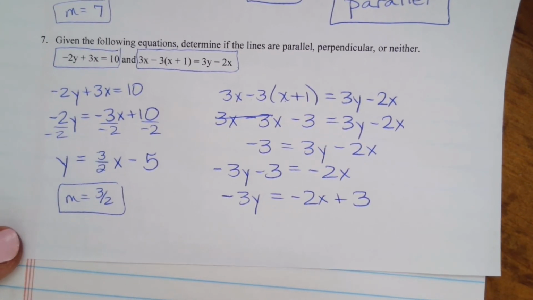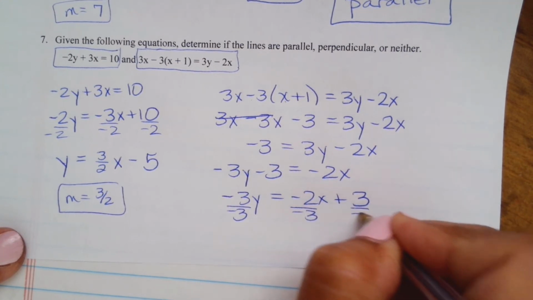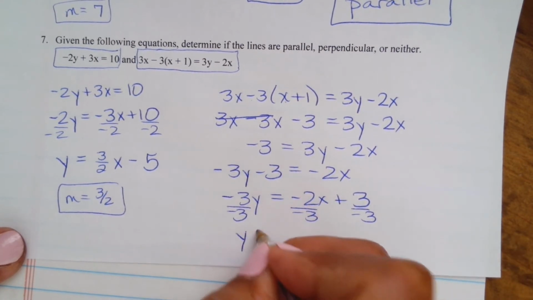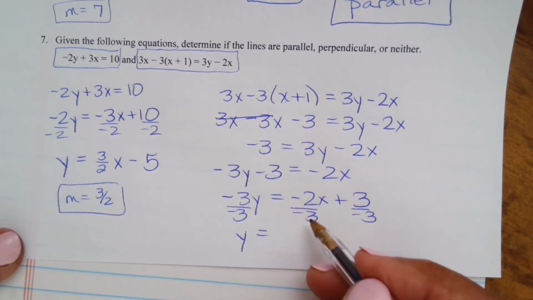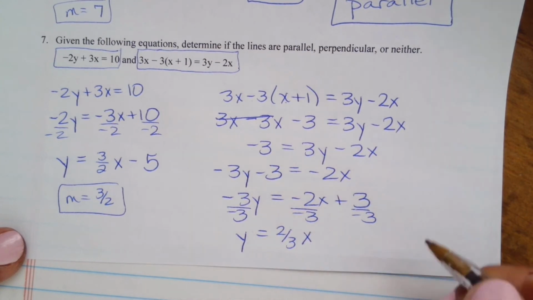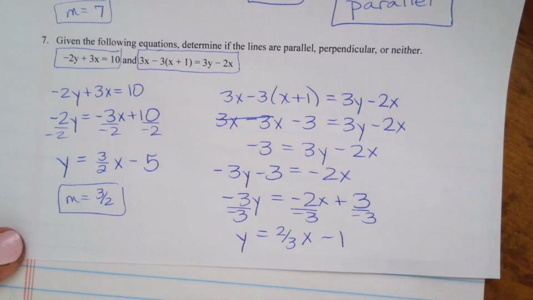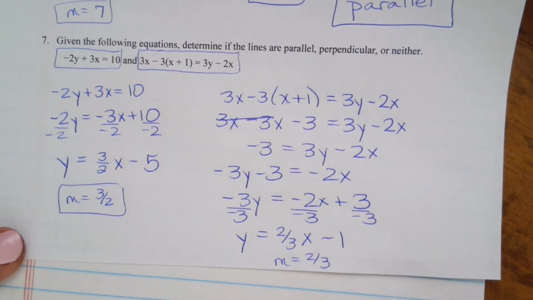Okay, and now I'm going to divide everything by -3. So -3 divided by -3 is 1, so that's y. -2 divided by -3 is a positive 2/3 x. And 3 divided by -3 is -1. So the slope here is 2/3.